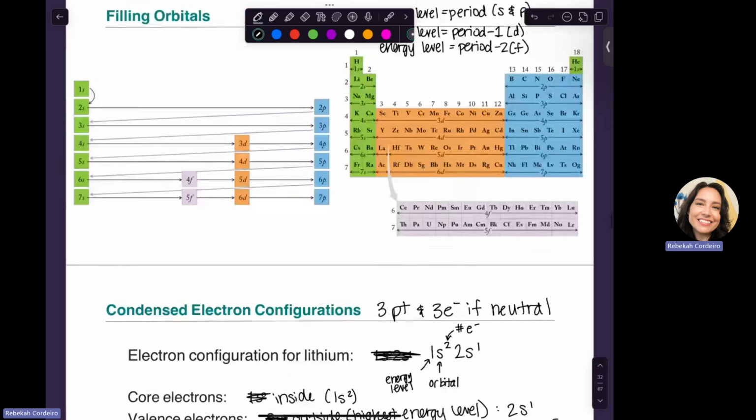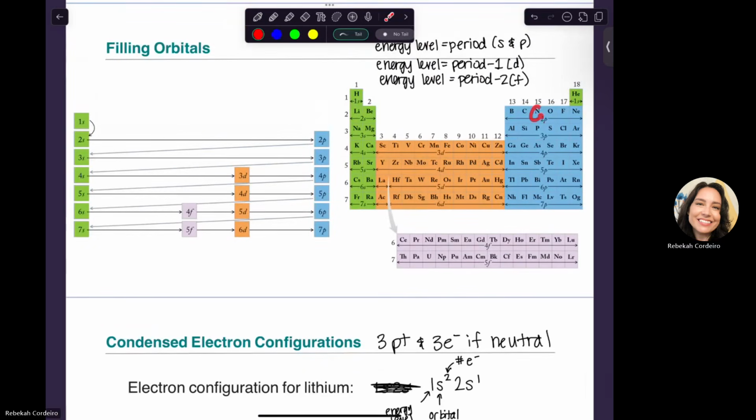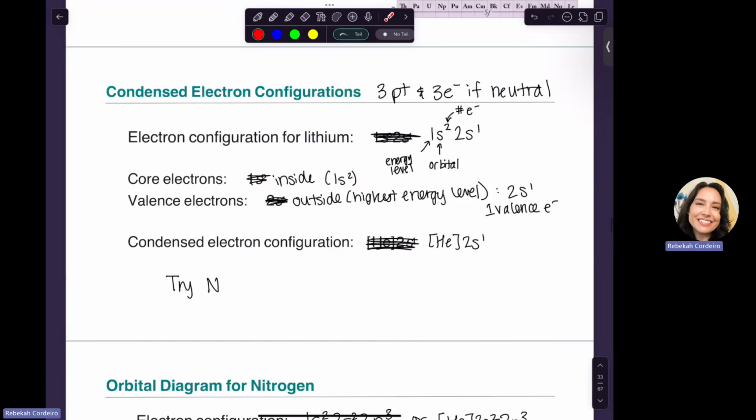That's because nitrogen is here, and so we have to go 1s2, 2s2, 2p1, 2, 3. The noble gas that comes before nitrogen is helium. We can't use neon because neon comes after nitrogen, so we have to use the one that comes before.